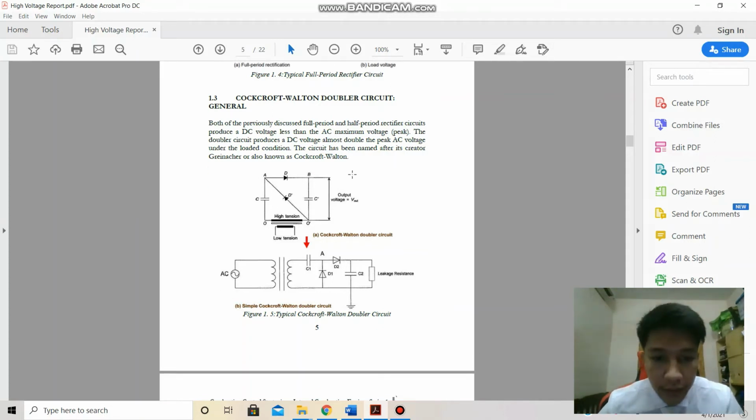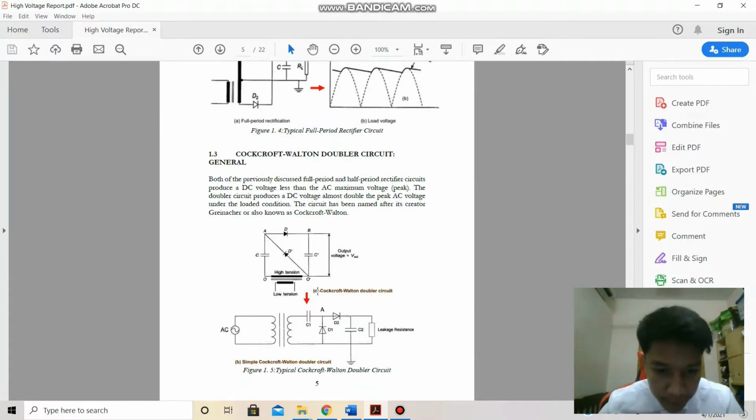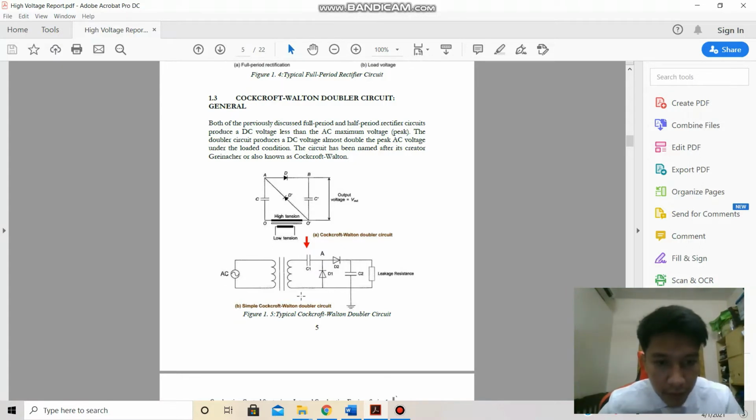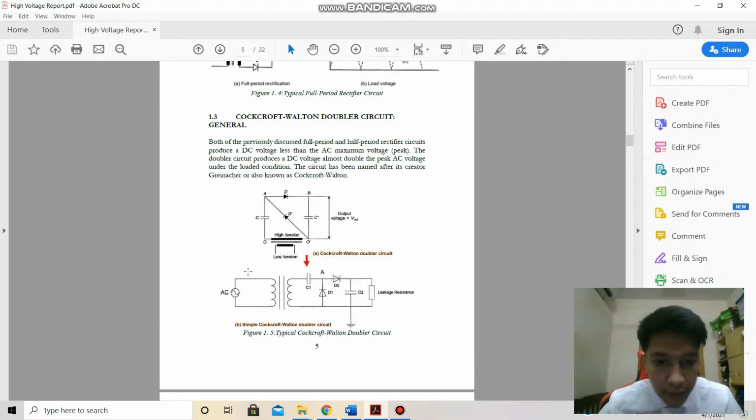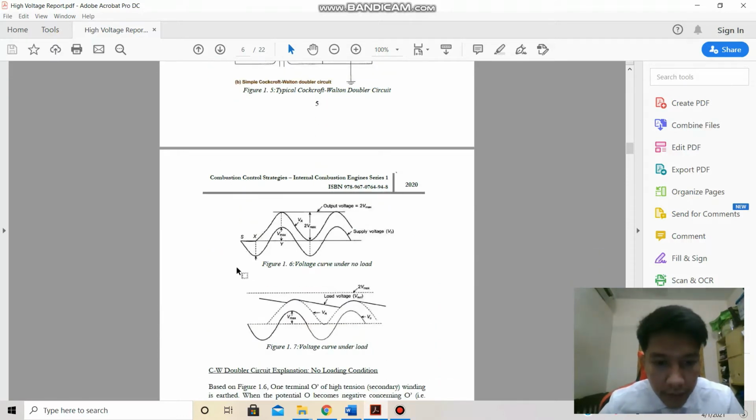Okay, this is the circuit for the Cockcroft Walton doubler circuit, and this is the block diagram. You can see they use capacitors and diodes, the same as the full period rectifier, and they are using an AC supply. And then next, this is the voltage curve under no load.